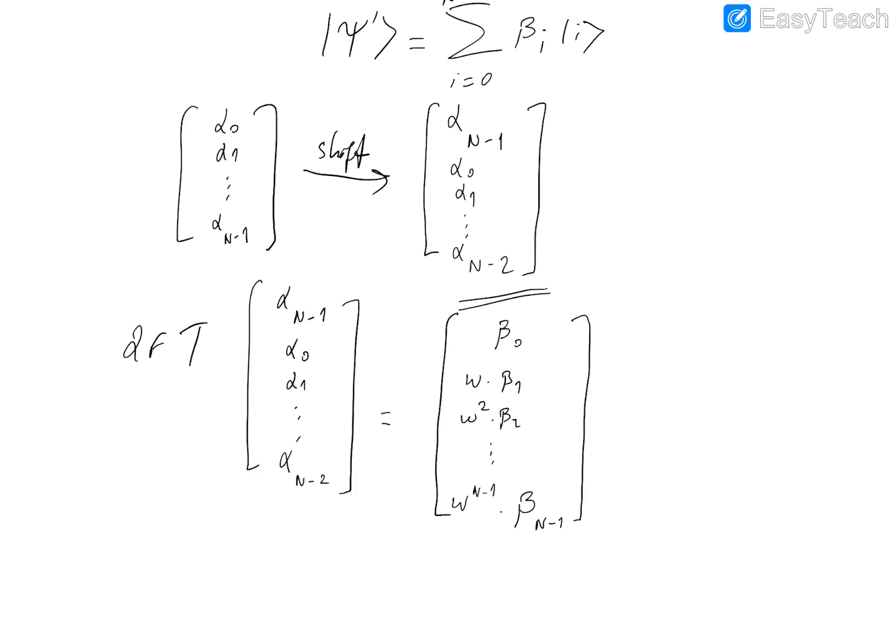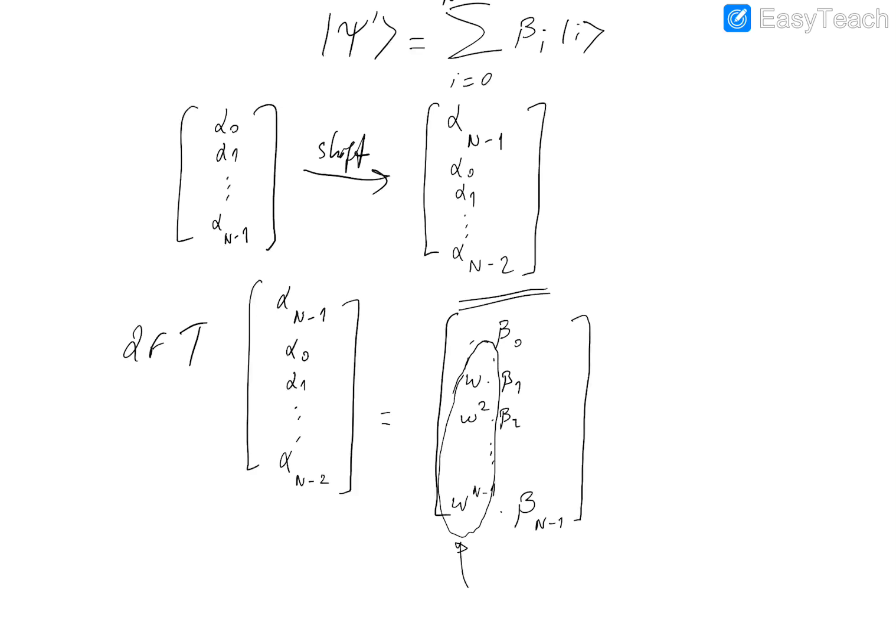And the phase coefficients introduced here come from the second column of the quantum Fourier transform of dimension n, because these are the phase factors which are on the second column of QFT.